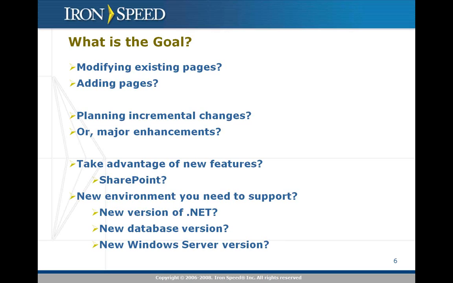Depending on where you are in your scope, you may choose one strategy or the other. That's why I ask whether you're planning incremental changes. You want to leave the 1,000 pages as is, or leave 997 of them as is, and only modify 3 pages as an example, right? If that's your goal, then your strategy may be slightly different.